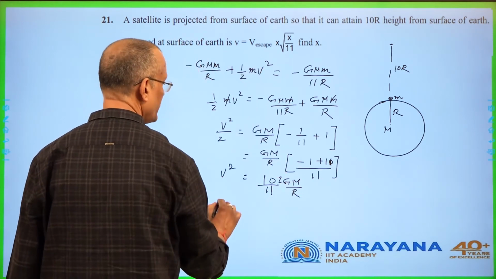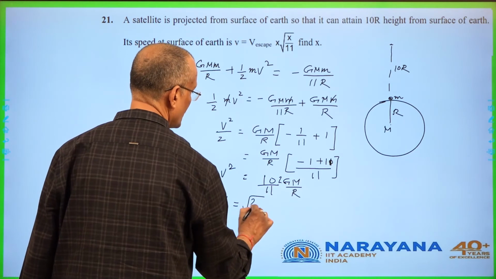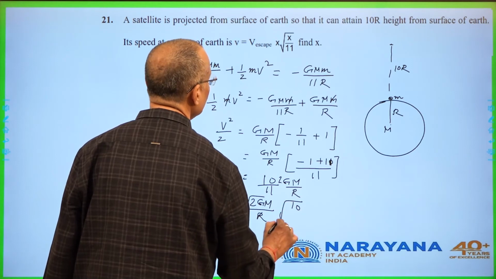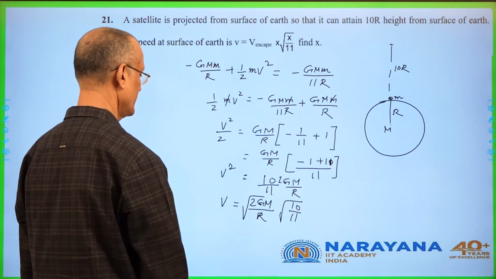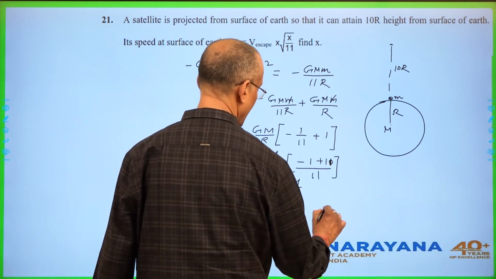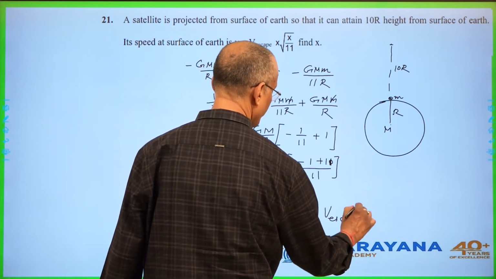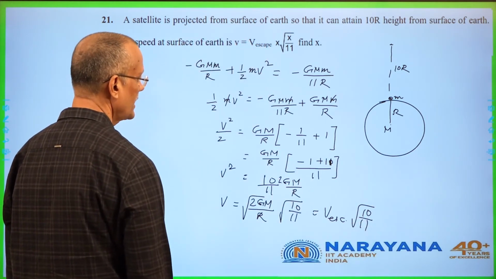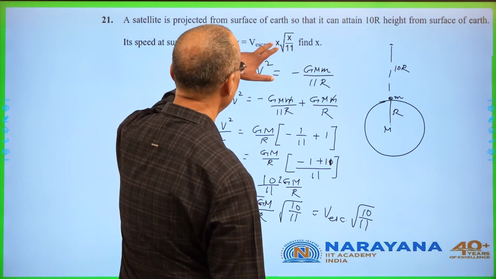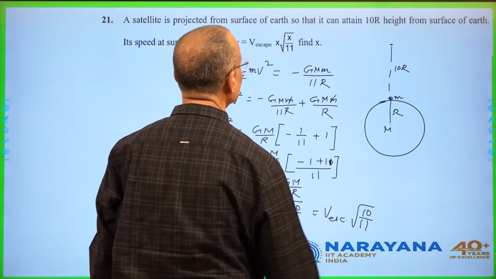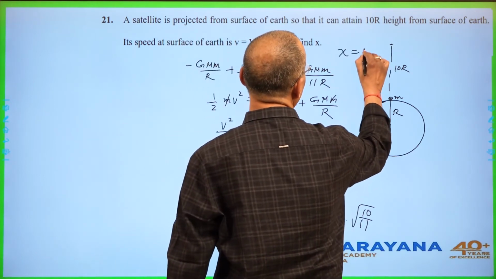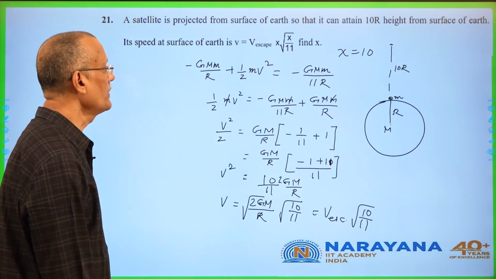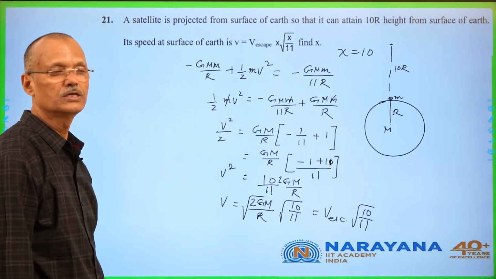So v will be how much? v will be under root 2GM by R under root 10 by 11. This is nothing but v escape under root 10 by 11. They are asking you v escape into root x by 11. So I feel that the value of x will be 10. So answer for number 21, x will be equal to 10.